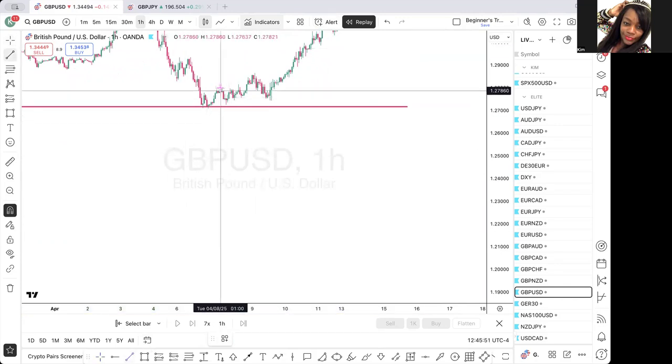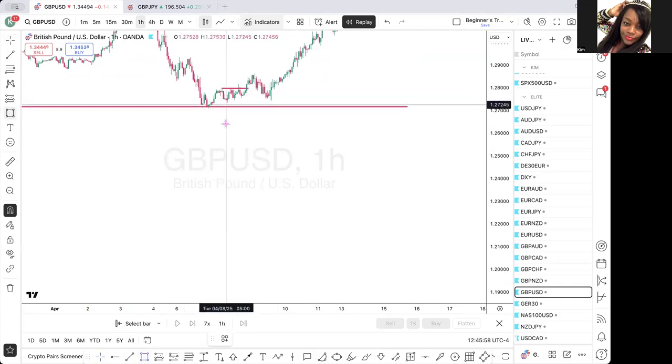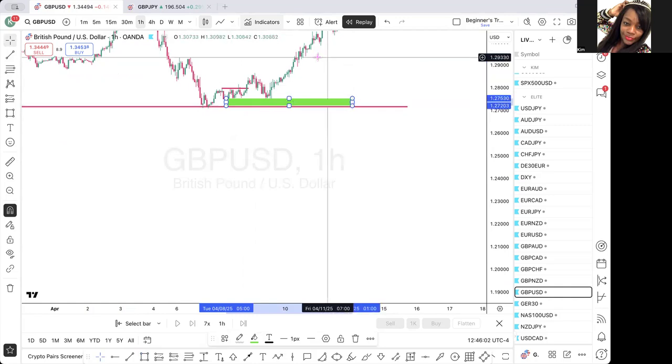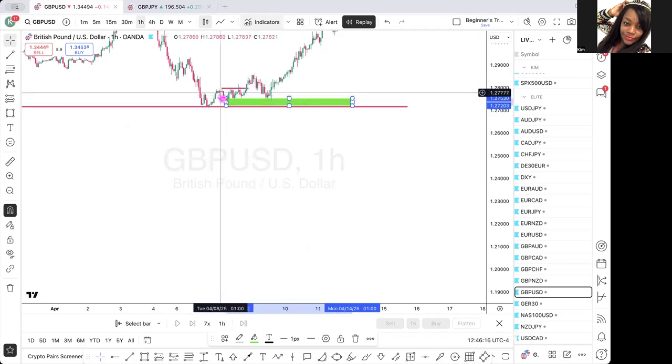But I would have been looking for this break of structure. Once I got that break of structure, I would have marked this demand zone that price came back to and then kept buying. So to answer your question, Marcia, there's got to be a way to get in the trade. There is, but you've got to look for structure. As you can see, break of structure, mark up your supply or demand, and it's either going to come get you or not.